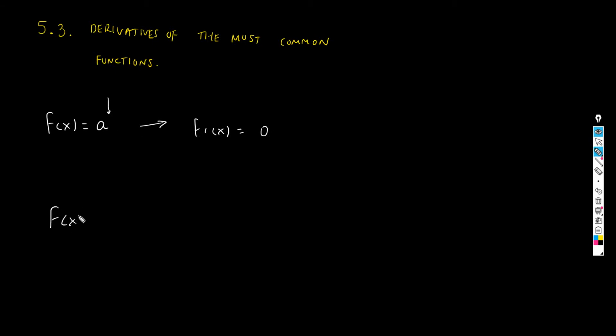If you give me f of x equals 5, f of x equals the square root of 2, f of x equals e to the 2, whatever, all of these things are constants, right? We know the values of these things. Then for each of these, the derivative will always be 0. Always. For whatever constant. How do we prove that?